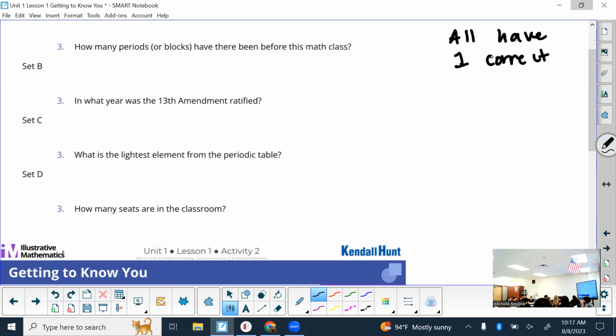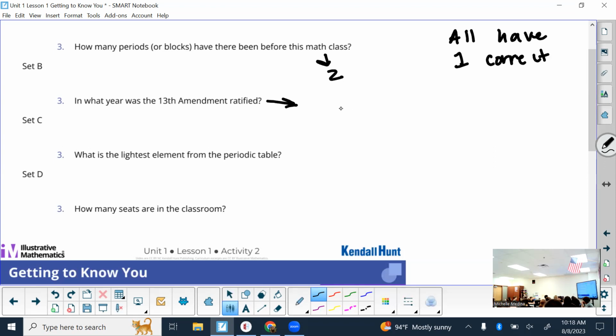So like how many periods or blocks were there before this math class? 2, because we're in third hour. If someone said something different, then either they forgot or something, but there were 2 classes before this class. What about, what year was the 13th Amendment ratified? Does someone have to look it up? Yes?